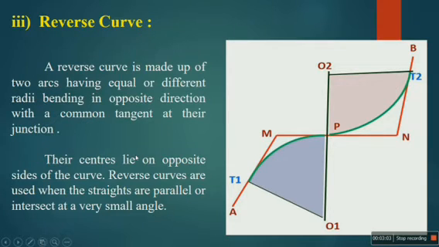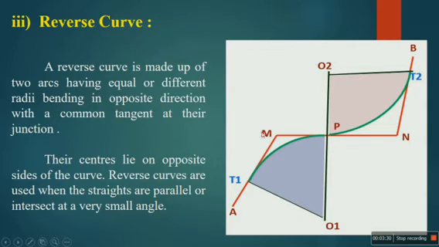Coming to the third one, reverse curve. A reverse curve is made up of two arcs, the same as a compound curve, but in a reverse curve the radii of the curves may be equal or different, and the two curves bend in opposite directions with a common tangent.